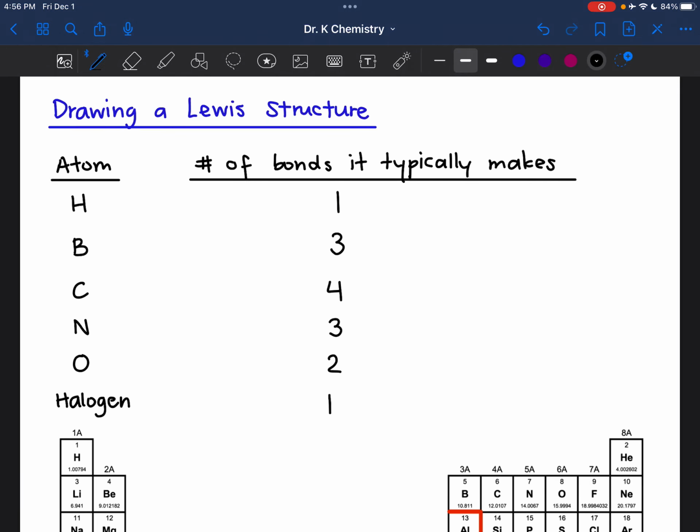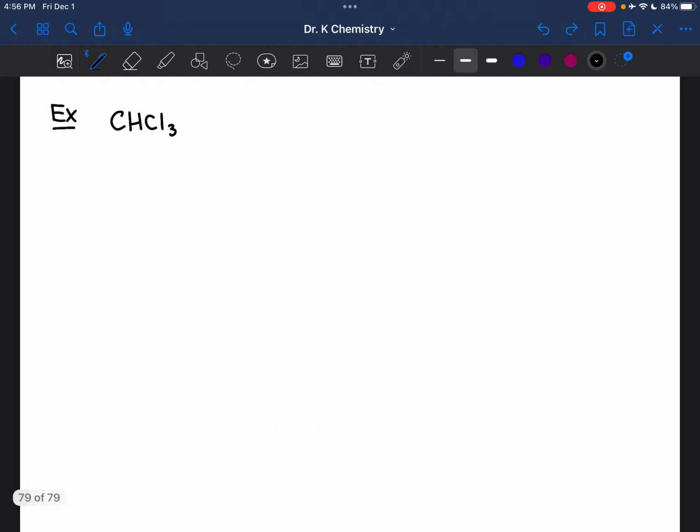So going back to the number of bonds that each atom typically makes, we know hydrogen only needs 1, carbon needs 4 bonds, and halogens only need 1. So I'm going to place carbon in the center of the molecule, and then I'll place the remaining atoms around it.